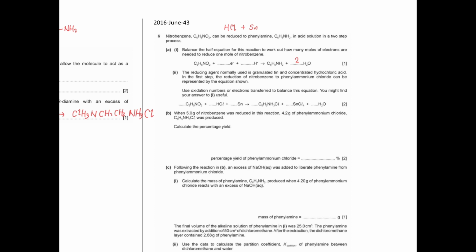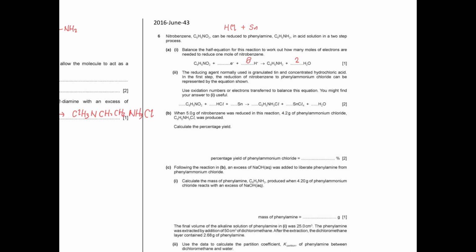Now let's balance the hydrogens. We have H2 as the extra hydrogen, and then another 4 hydrogens as extra hydrogens compared to the left hand side. So we need 2 plus 4, we need 6H+ to balance the hydrogens.